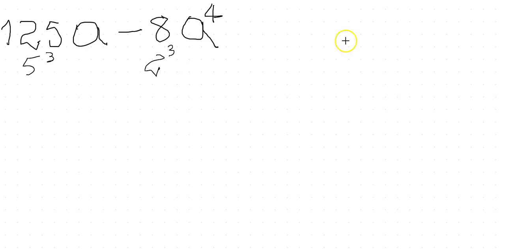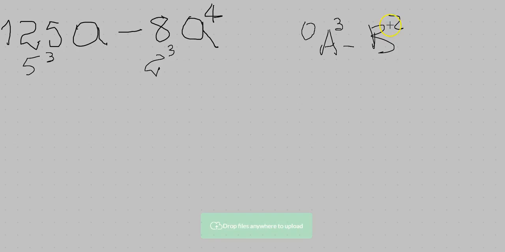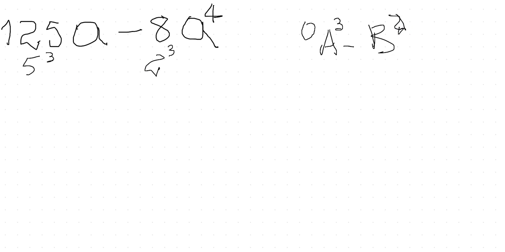So I'm trying to find out, is there any way to get this formula where I have a difference, for example, a cube minus b cube? But so far I'm missing some point.